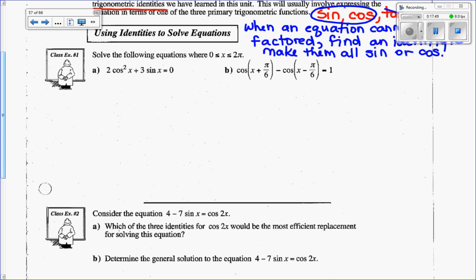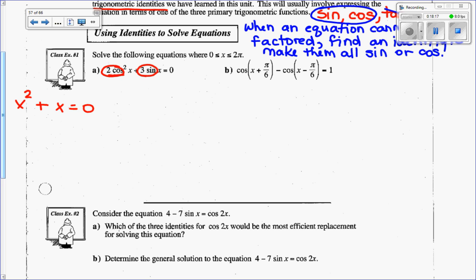No, nothing can be factored. So now I'm going to look to see if I can make them either all sines or all cosines. Because right now, it kind of almost looks like a quadratic equation. It looks like something like this, x squared plus x equals 0, right? So I've got some x squared term, that's 2 cos, and I've got some regular x, there's 3 sine.